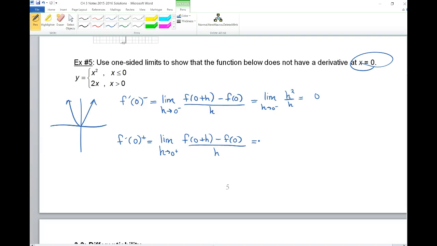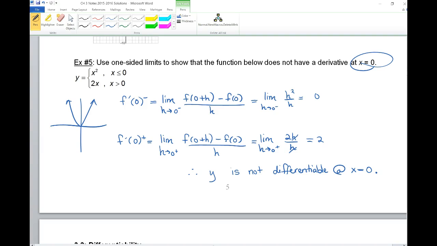So it's 2h over h. So the h's cancel, and I'm left with 2. Therefore, since these are not equal, y is not differentiable at x equals 0.